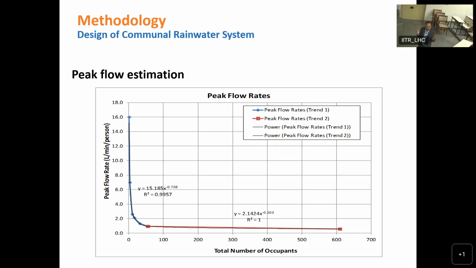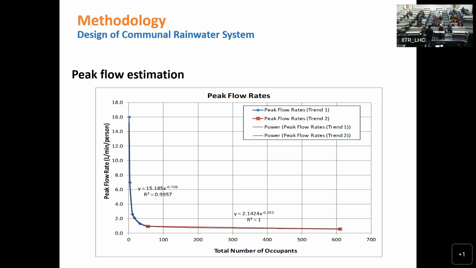Because if we are living in a house, if you see the pattern of your water use, you will be using water between 8 and 9. When you go to the office, there is no demand the whole day. Then in the evening you come back and use the water again. So there will be peaks, only 2 peaks in the whole day.